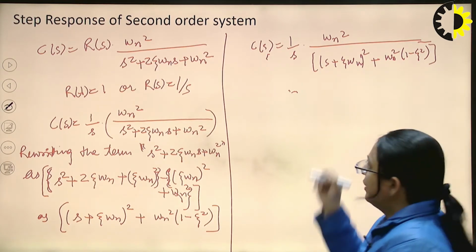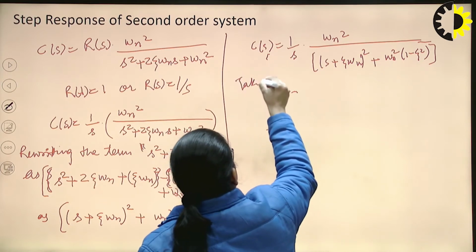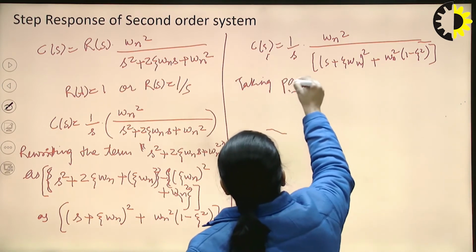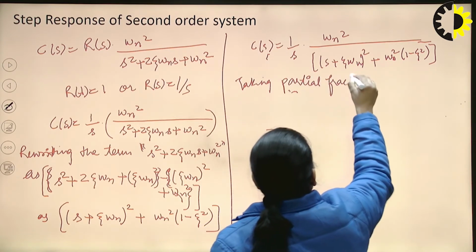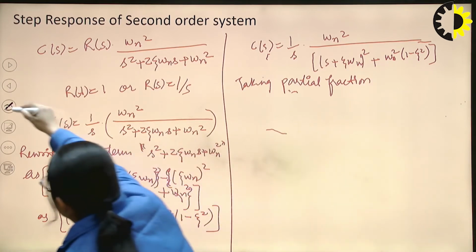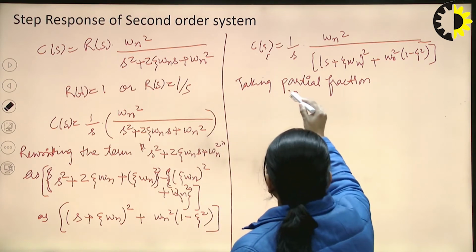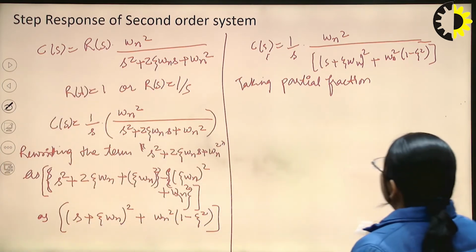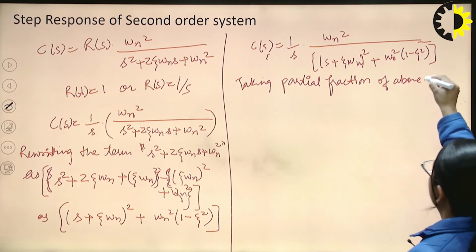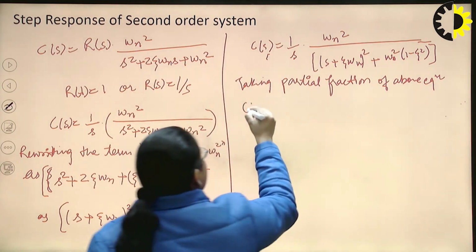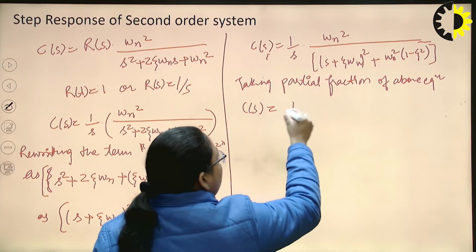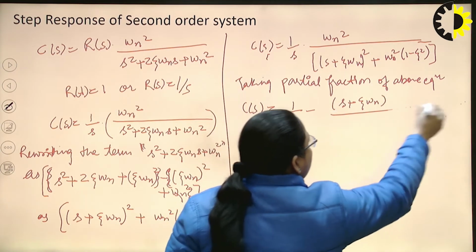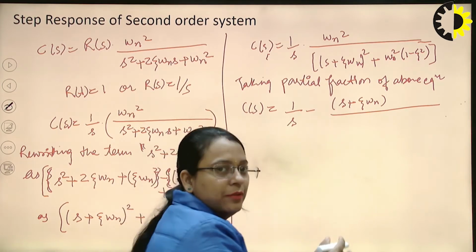Now taking partial fraction of this equation, doing partial fraction of the above equation, I will get Cs equal to 1 upon s minus s plus zeta omega n upon, I will write it directly, okay, you can do the partial fraction.